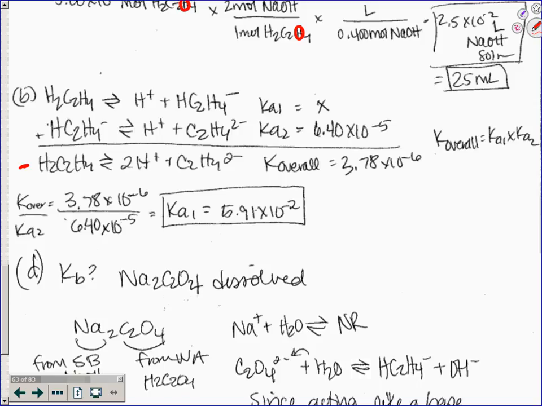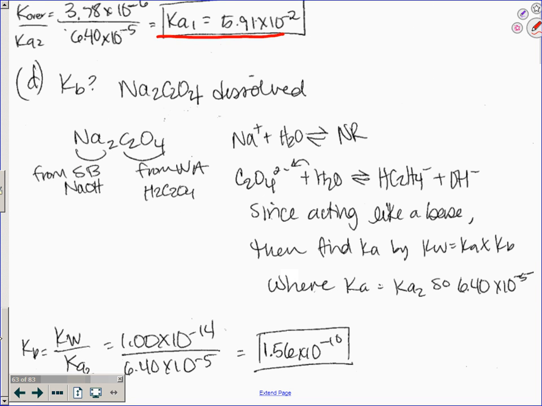So just to modify, you just divide to solve for the one you don't know. And one thing you should notice is, how do you compare Ka1 to Ka2? Who's larger? Ka1, because the first dissociation always forms more ions than the second dissociation. And then, lastly, it asks for you to solve for the Kb of oxalate.